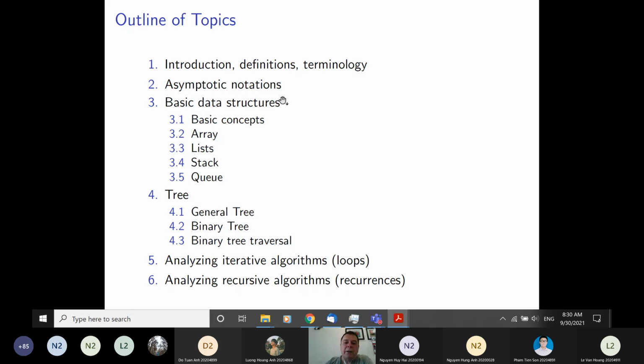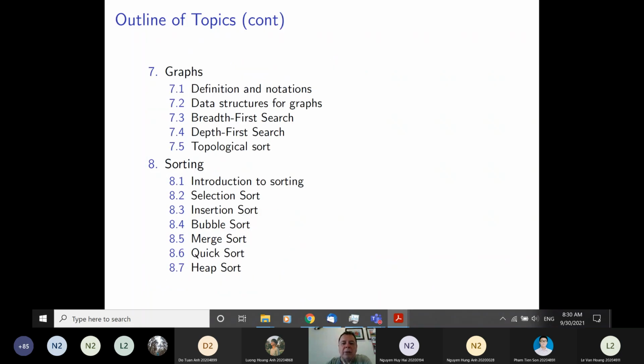Then, since the name of the course is data structures and algorithms, we are going to cover some material related to data structures and trees, which are also a kind of data structure. And then we describe how we can analyze the running time of algorithms, so you will know how we can measure the performance of an algorithm in terms of its running time. And then we cover in chapters 5 and 6 techniques to analyze the running time of iterative algorithms and recursive algorithms.